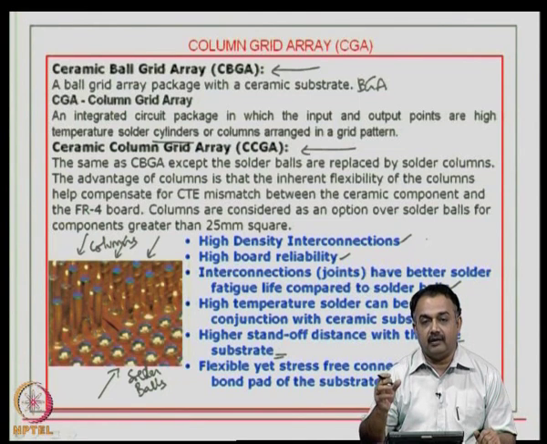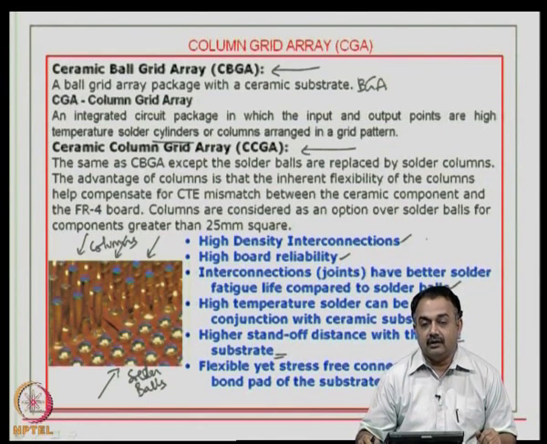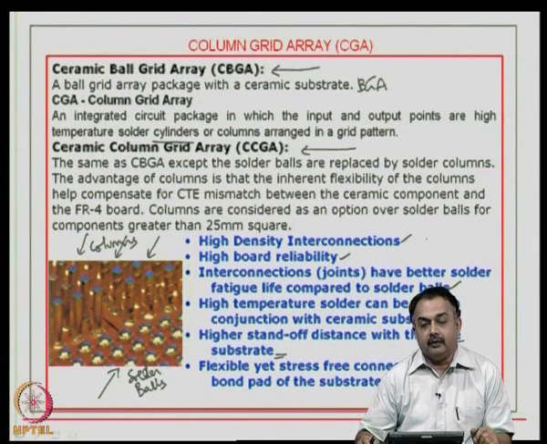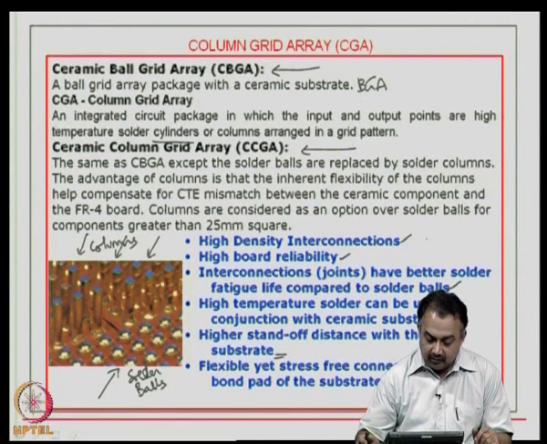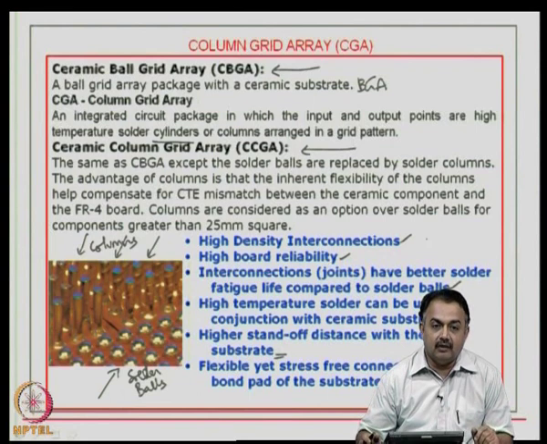It could be a printed wiring board or it could be a ceramic substrate in terms of a wiring similar to a PWB. Therefore, this high standoff distance could be an excellent factor in thermal management, because that can take care of the heat dissipating to the environment through the solder columns.